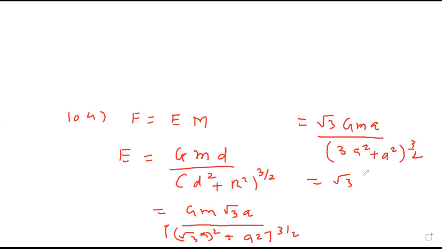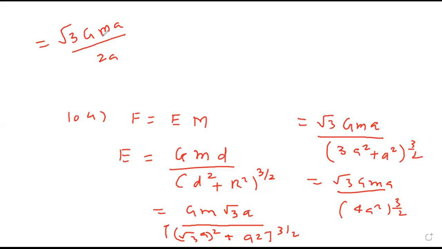That will become root 3 G M a upon 4a square raised to 3 by 2. So root 3 G M a upon 2a the whole square raised to 3 by 2.